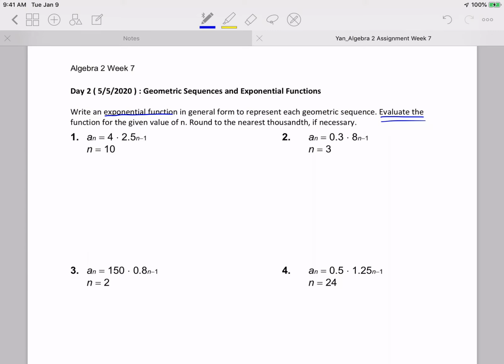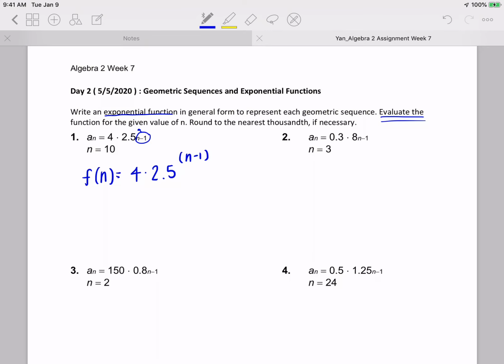I don't know why the exponent went down here. But instead of writing a sub n, we're writing f of n. Okay, again, this power is actually an exponent. All of these are exponents also. So I'm going to rewrite it as 4 times 2.5 to the n minus 1.